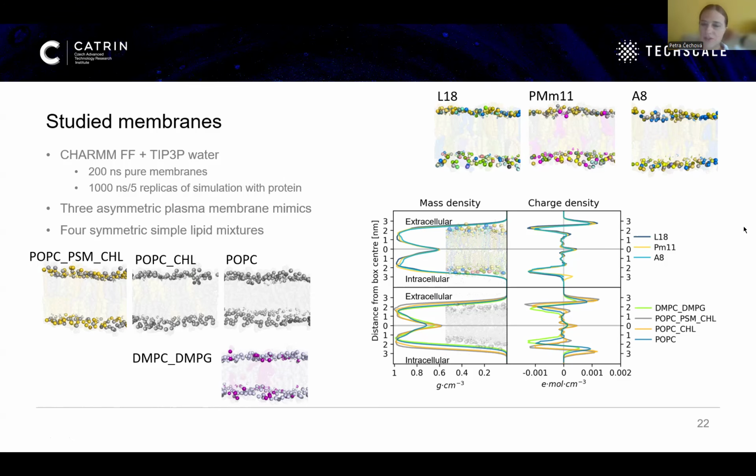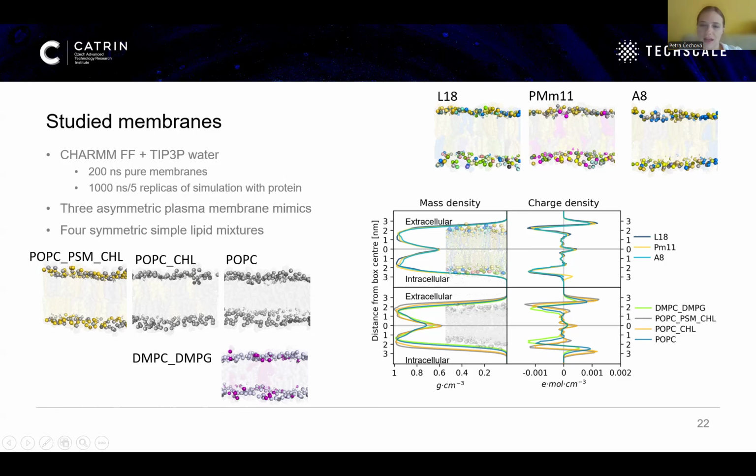Otherwise, the membranes look pretty similar from this point of view. In the simple symmetrical membranes, there are some differences. But we can see that the charge is symmetrical, right? Because it's a symmetric membrane.